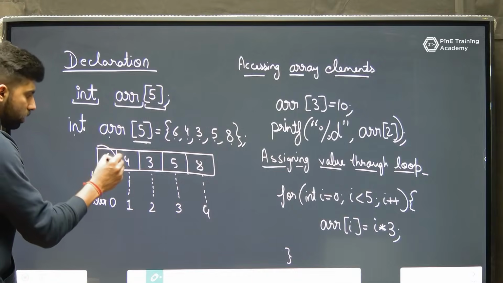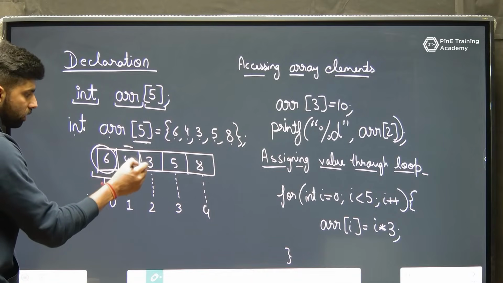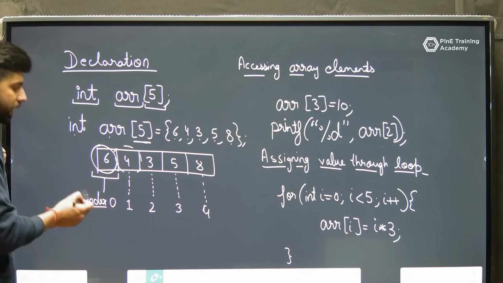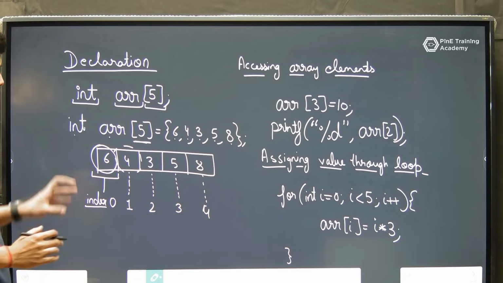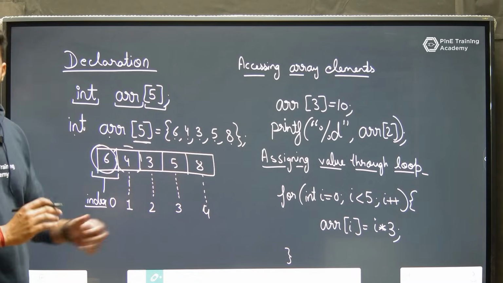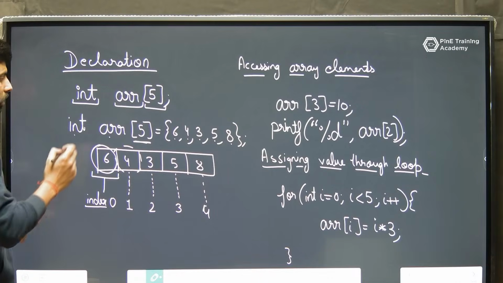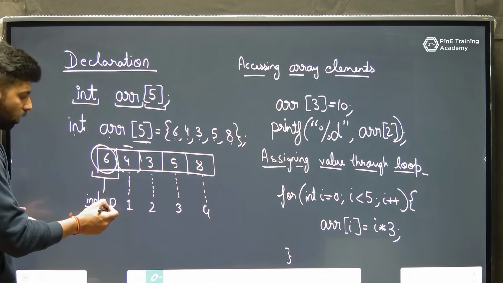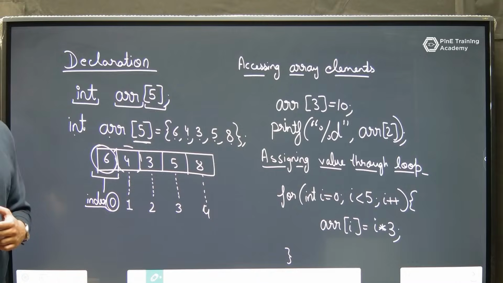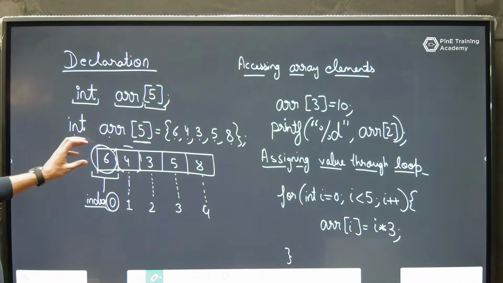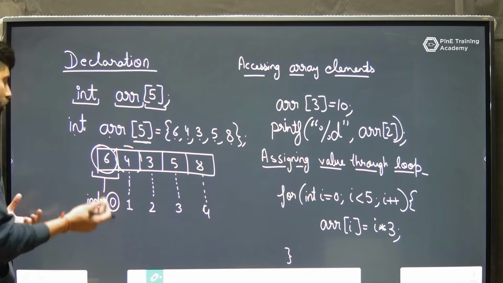Now, every block is known as an index, and in an array the first index always starts from 0.